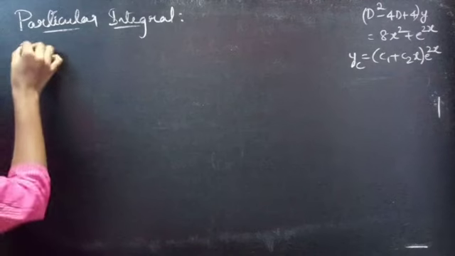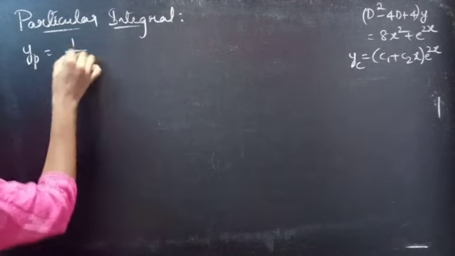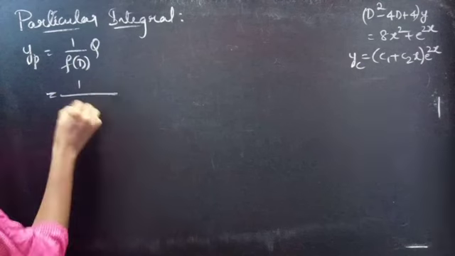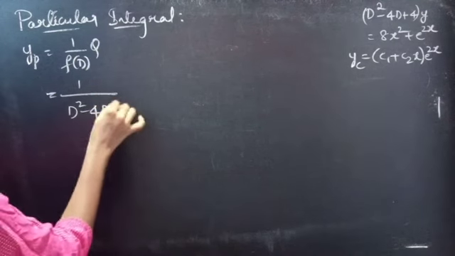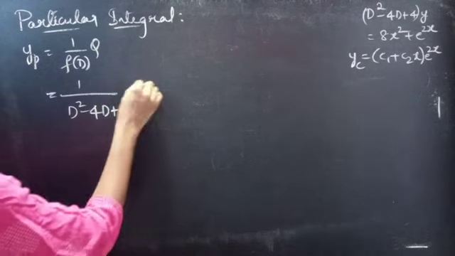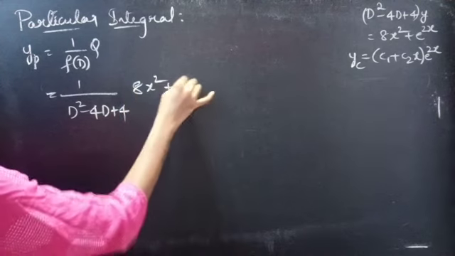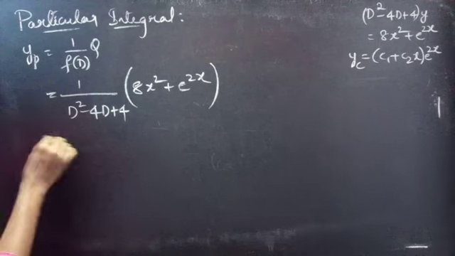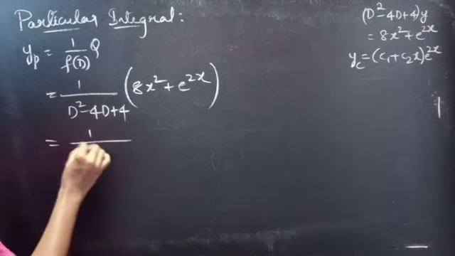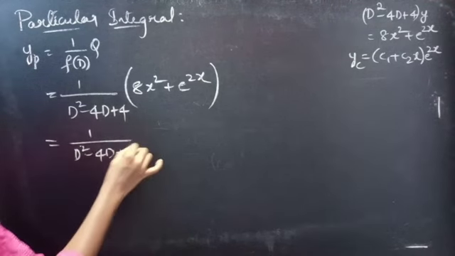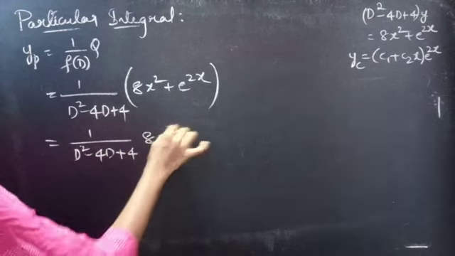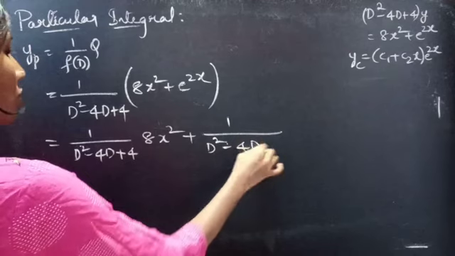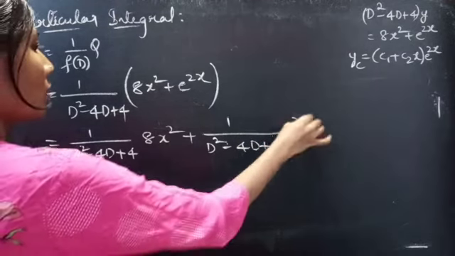We can find the particular integral using 1 by F of D into Q. We have F of D and Q, where F of D is D squared minus 4D plus 4 and Q is 8x squared plus e power 2x. So this equals 1 by (D squared minus 4D plus 4) into the first term plus 1 by (D square minus 4D plus 4) into e power 2x.